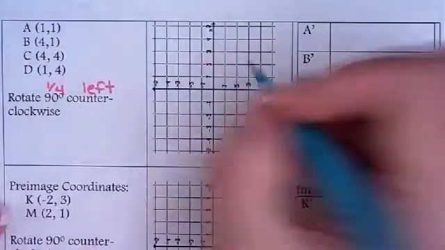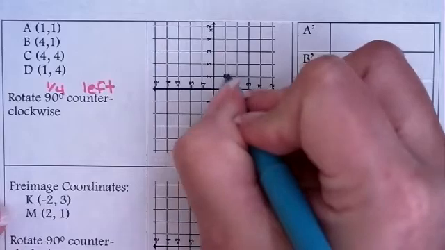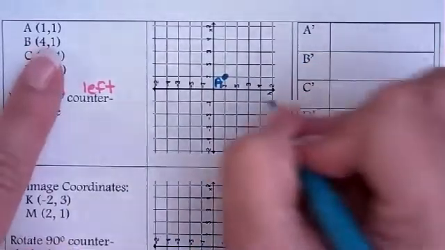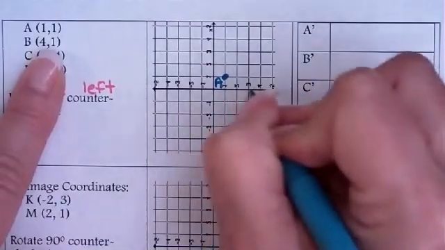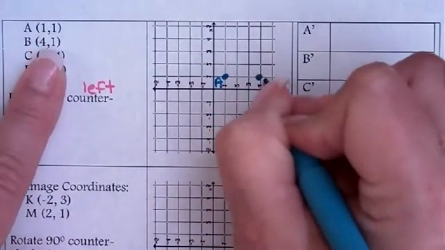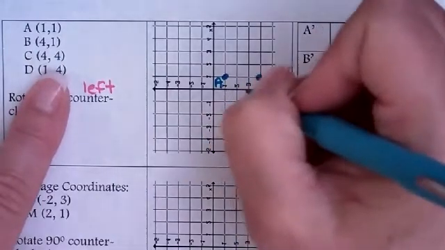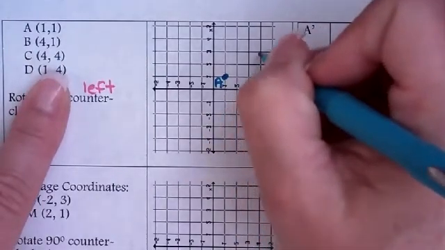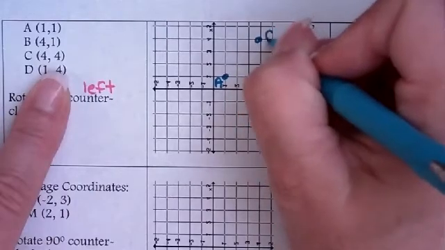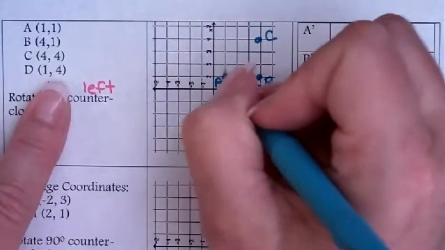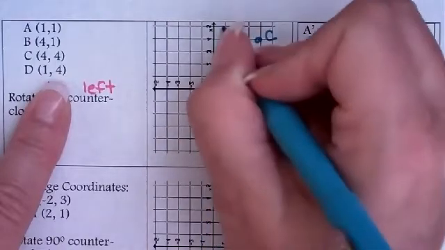A is at 1, 1. B is at 4, 1. C is at 4, 4. And D is at 1, 4, which is 1, 1, 2, 3, 4 right here.